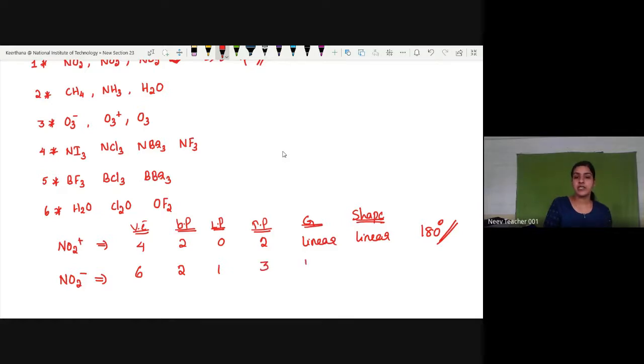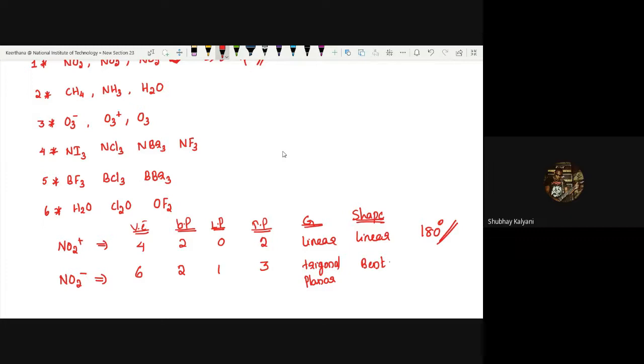So the geometry is trigonal planar, and the shape is bent or V shape. So what will be the bond angle? Will it be less than 120, equal to 120, or greater than 120? Less than 120 degrees.